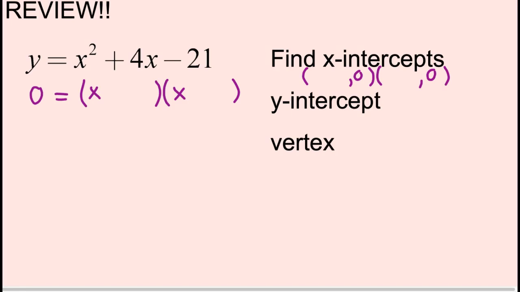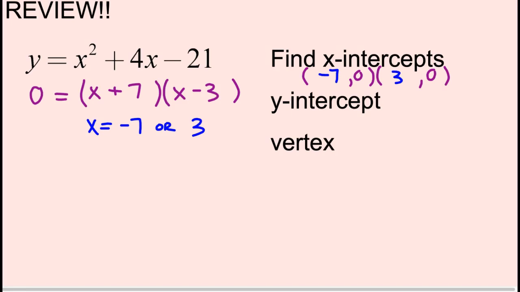So anyways, this would be plus 7 minus 3, I believe, right? The two values that make that true are going to be negative 7 or positive 3. So those are going to be my x-intercepts.